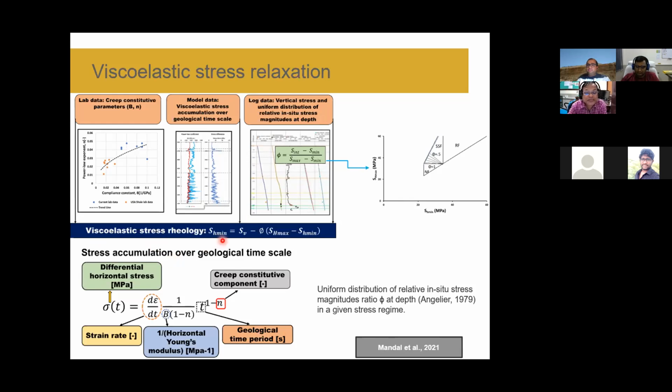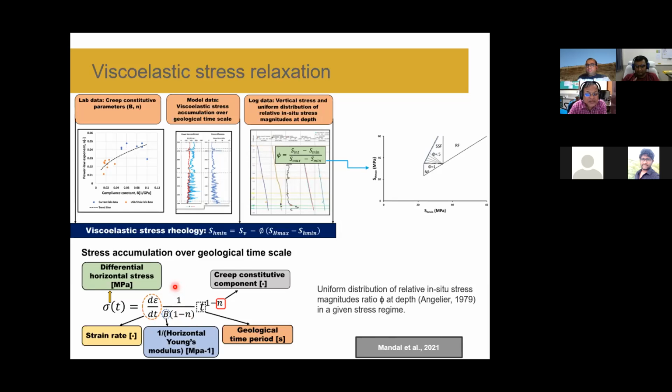Least principal stress can be computed as a component of vertical stress times that constant I mentioned, which varies between 0 and 1. The differential stress which originated over the geological time scale has been computed using another formula here, showing this differential stress depending upon the strain rate.